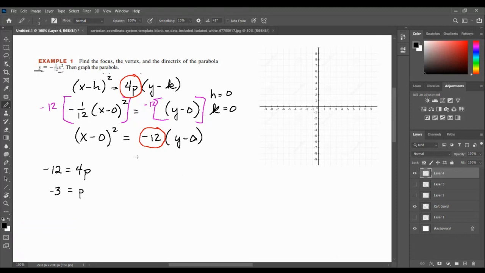Okay, so I've got h, I've got k, I've got the p-value. And so h is 0, k is 0. This will be the vertex of my parabola.